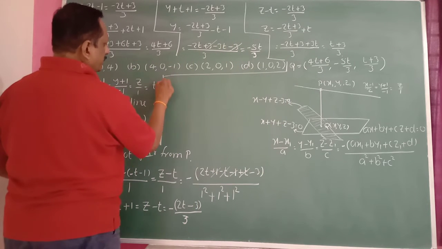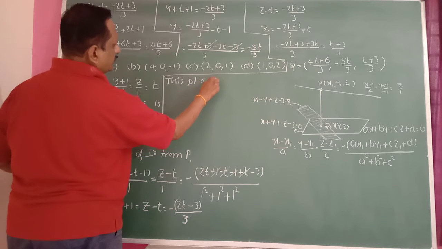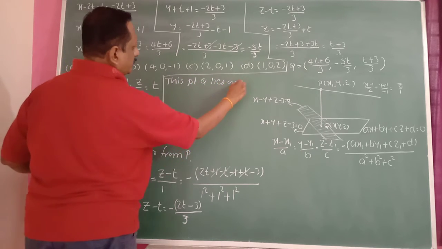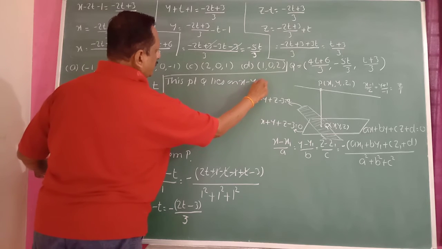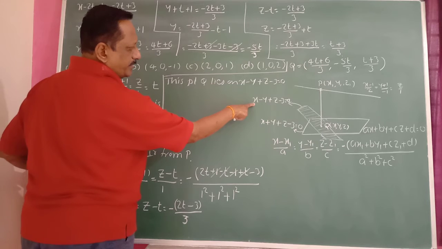So this point Q lies on x minus y plus z minus 3 is equal to 0, which is linear.